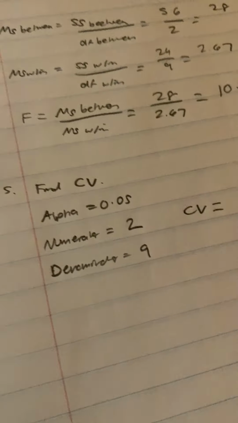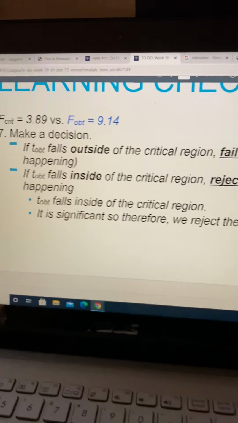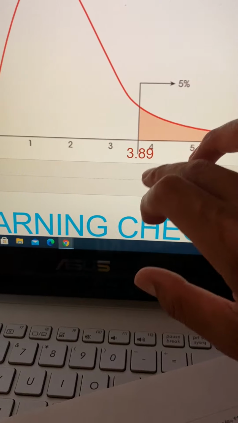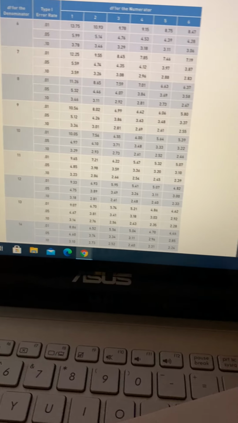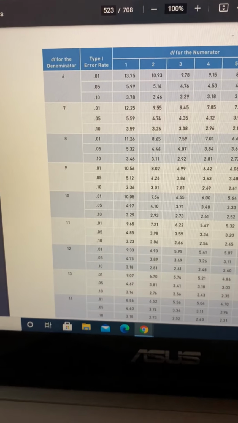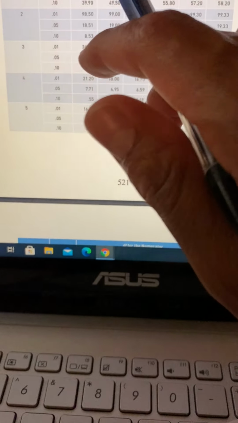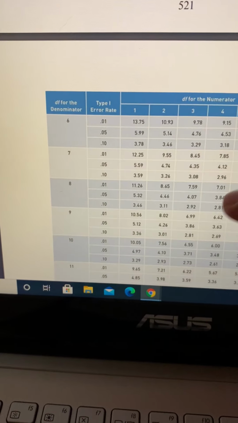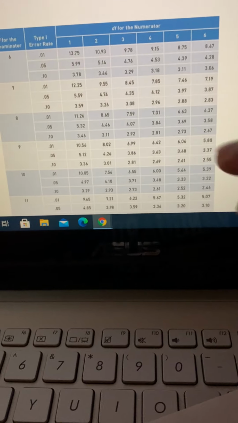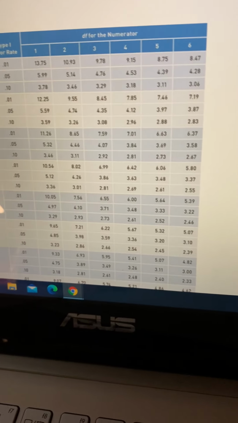So we take these values, and then we'll take that to, here, there we go. This is the back of the book, and then we need to go to 2, follow 2 down to, what was it, 9, 0.05. That gives us 4.26 as our critical value.